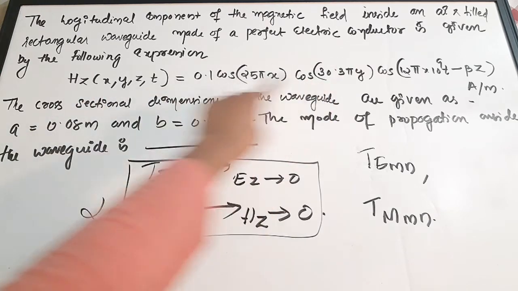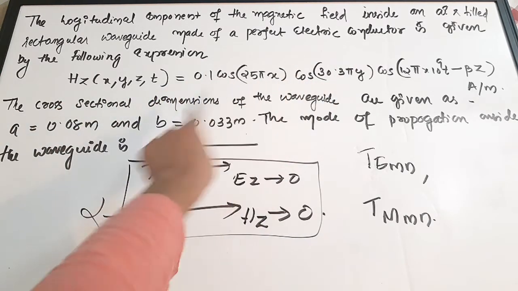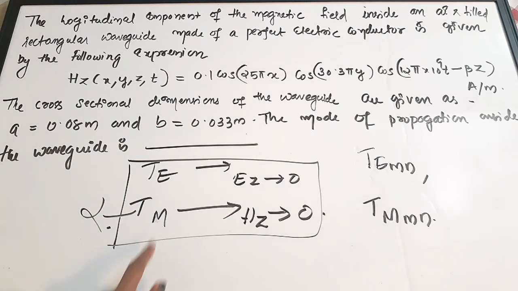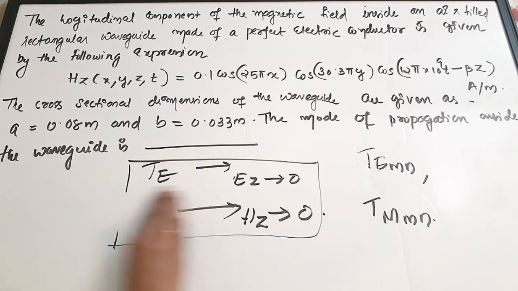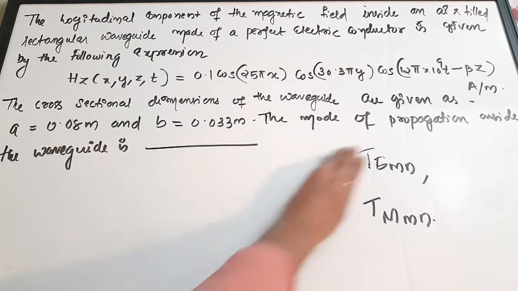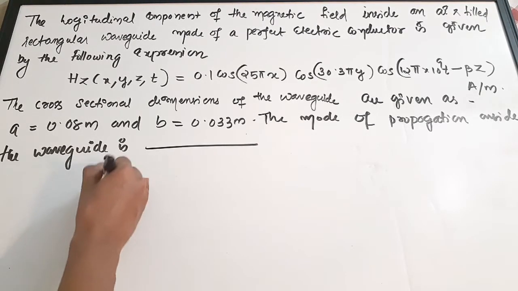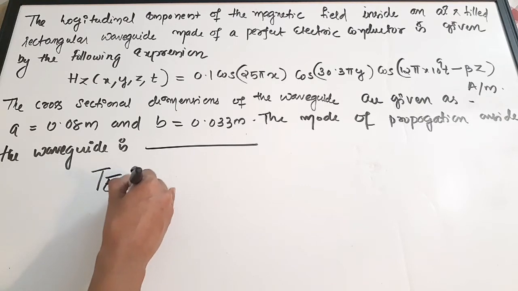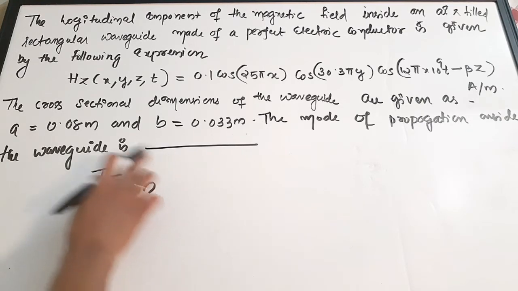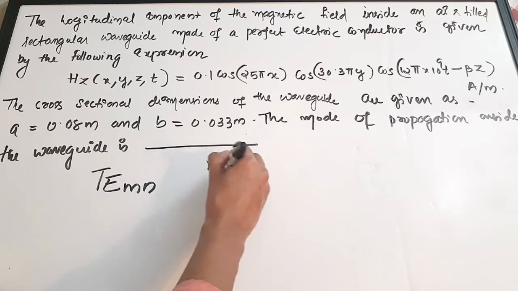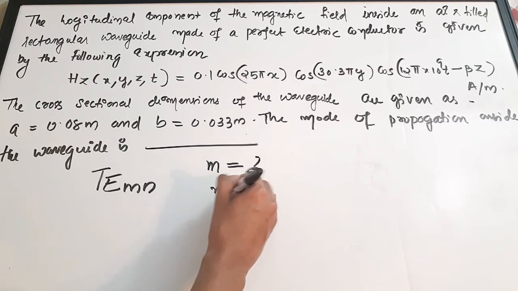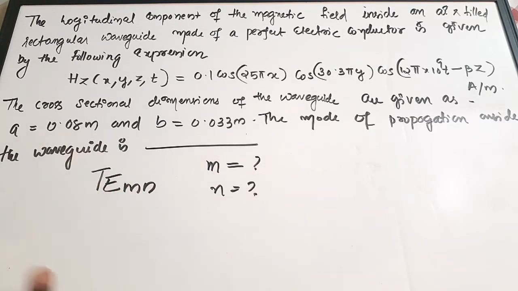Now, as I've told, Hz is not 0, it has a value. So the mode is not TM and the mode is TE. I hope it is clear. So we have to find the values for TE, M and N. So this is the mode, and now we need to find what is M, what is N. Then we'll get the mode of propagation.